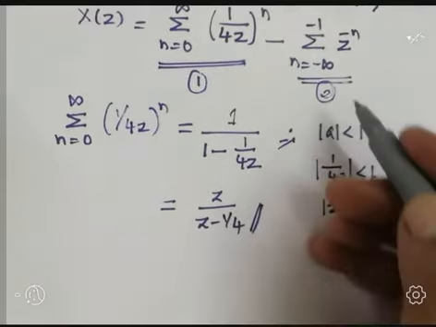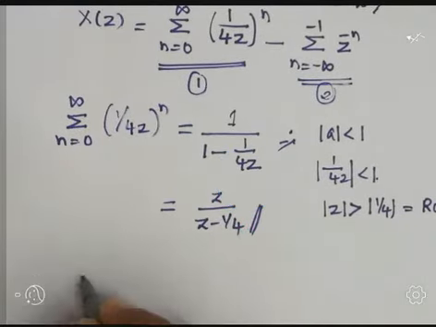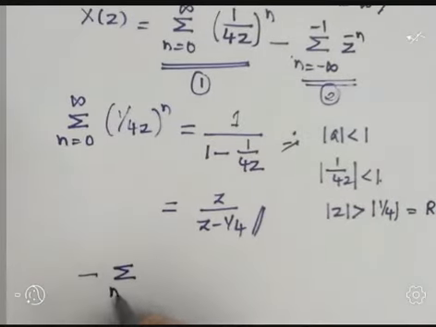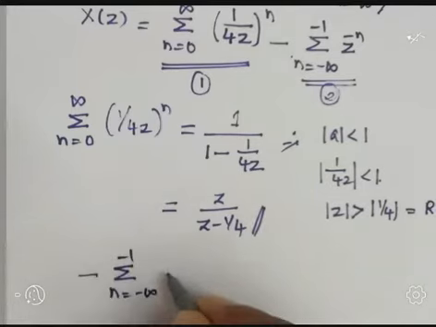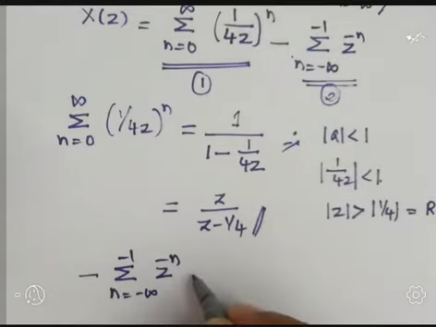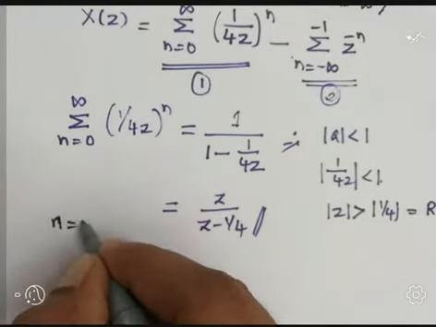Next go for the second part. The second part of the problem, that one I will take minus as it is: summation n equal to minus infinity to minus 1 of z to the power minus n. Here I will assume n equal to minus m.